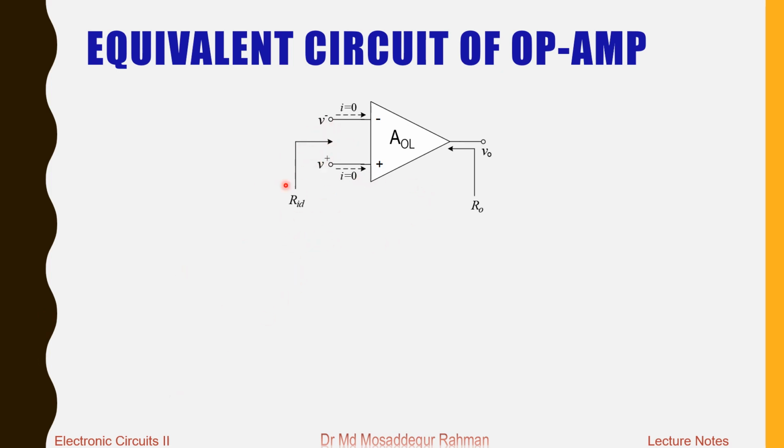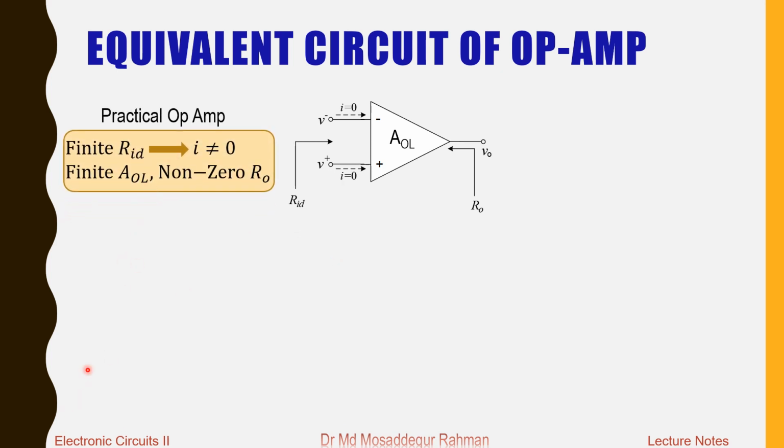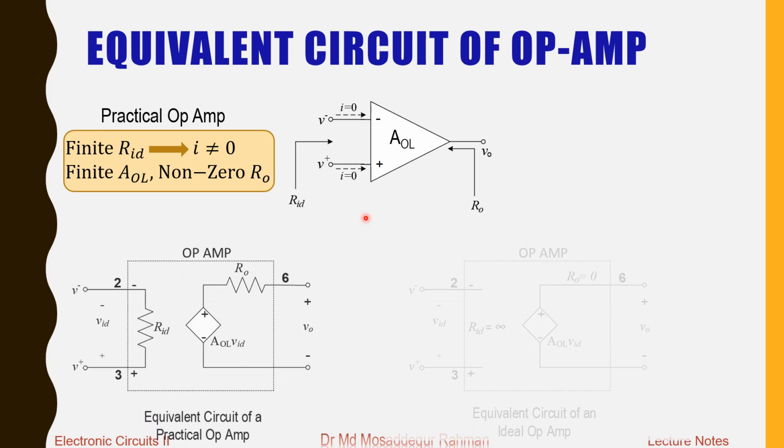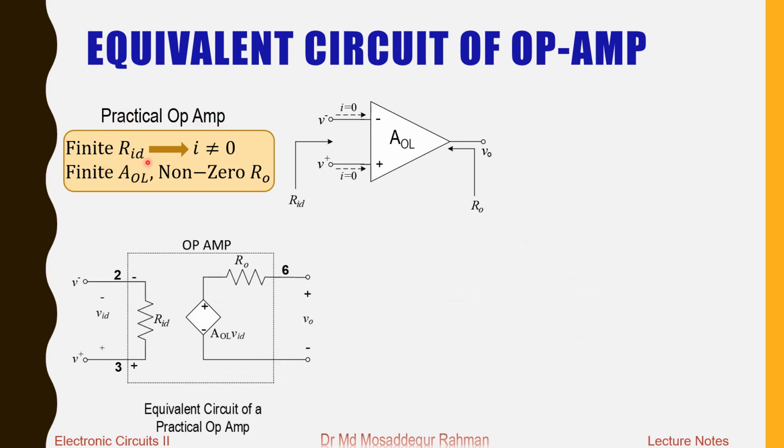RID, if it is infinite for the ideal op-amp, the current will be 0. So for a practical op-amp, with finite RID, this current should not be 0. It has a finite open loop gain and should have non-zero output resistance. So then this is the circuit that we can use to represent the op-amp, right?